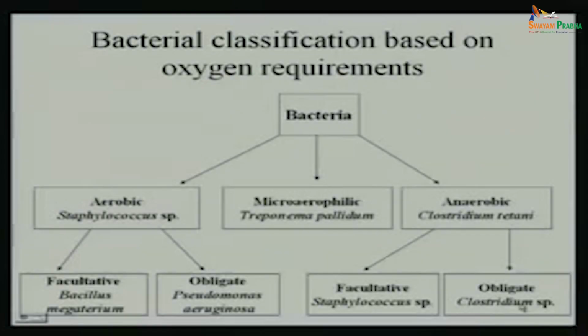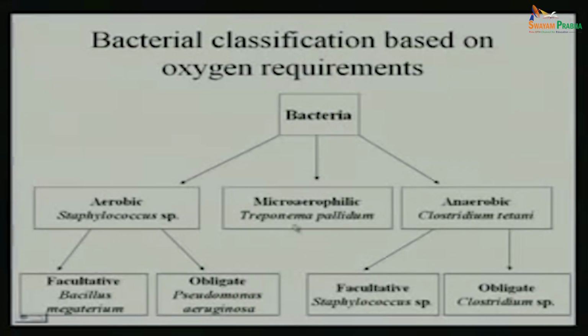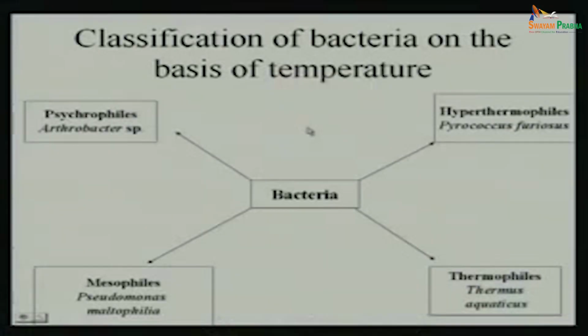In the case of obligate anaerobes, oxygen is too toxic, they do not need any trace of oxygen, and some are microaerophilic, that means they can grow in either high oxygen demand or trace oxygen demand. So, these are the classifications based on oxygen requirement.